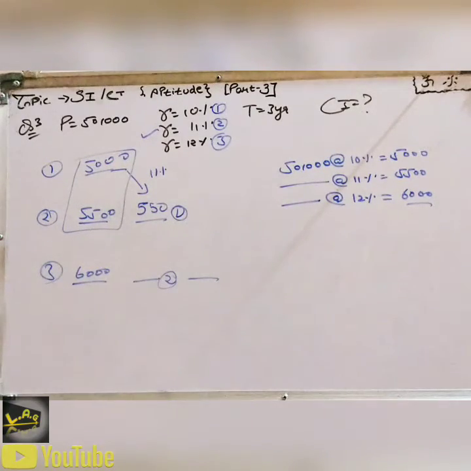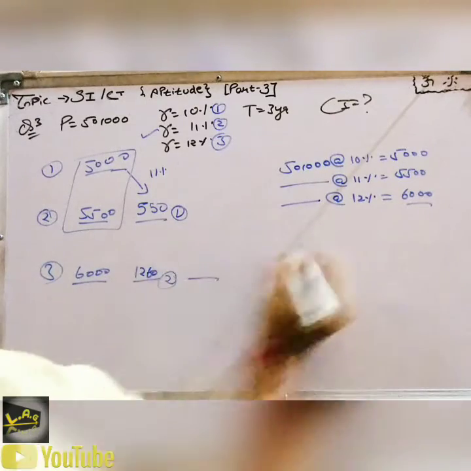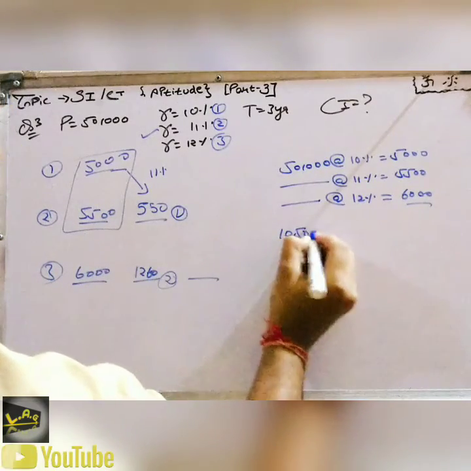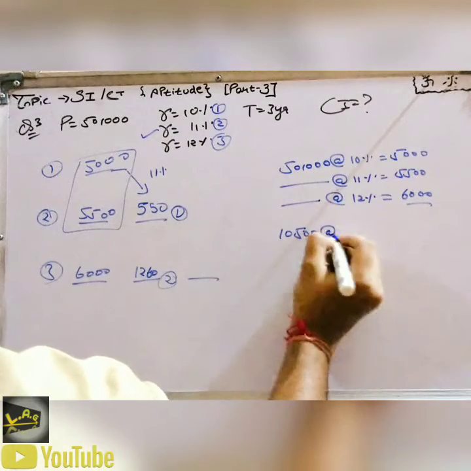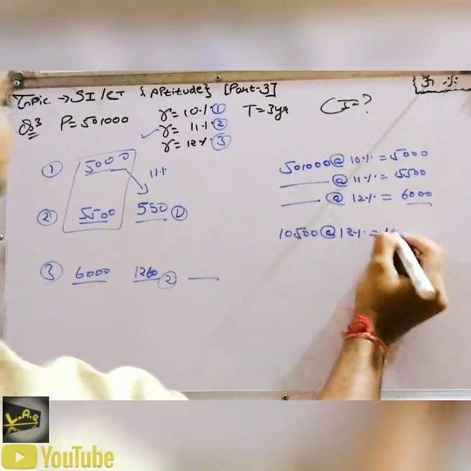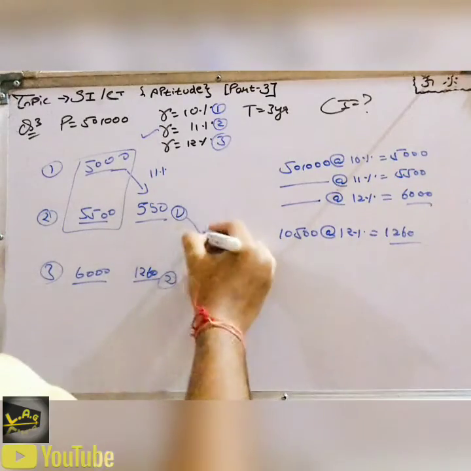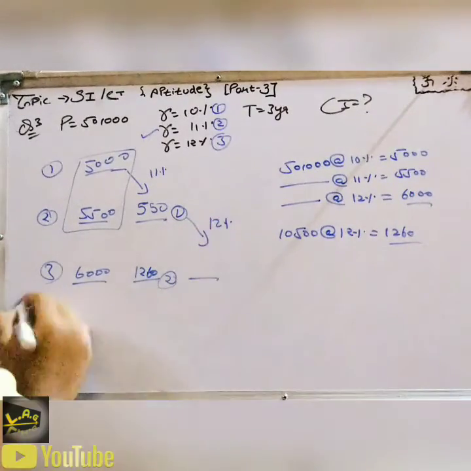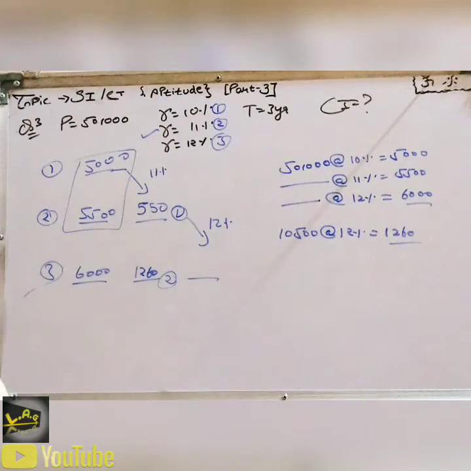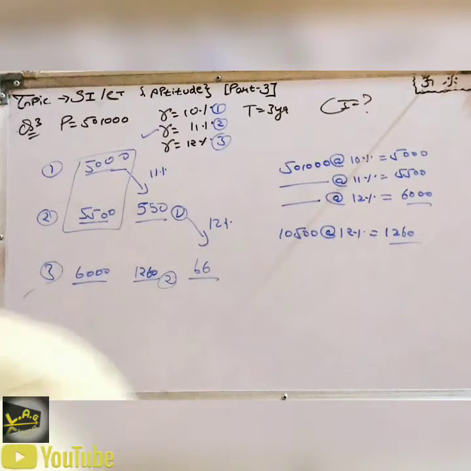So it may be 10,500 at the rate 12%, that you have got 1260, right? And this one is for the 12% also, because this is for the third year. And 550 at 12%, we have got 66 rupees, which means the principal amount, right?